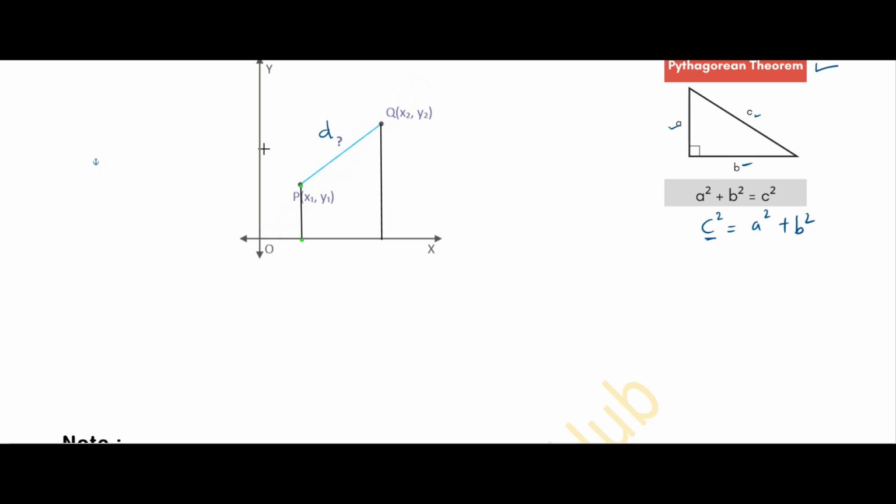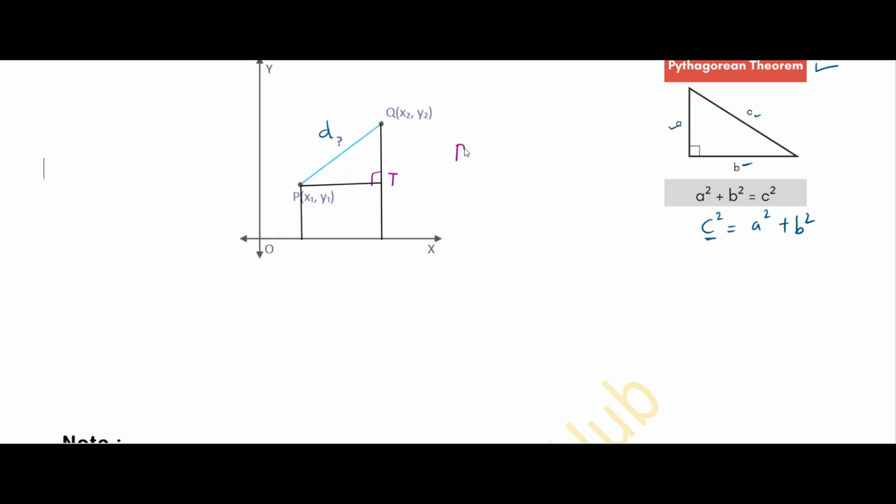So this derivation will not be there for your exam, but you need to understand the concept. I have drawn the perpendicular line to the x-axis from the points P and Q. Now it forms a right angle triangle PQT, where it is right angled at T.